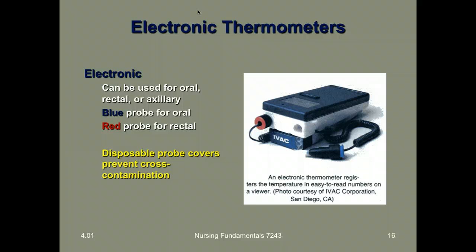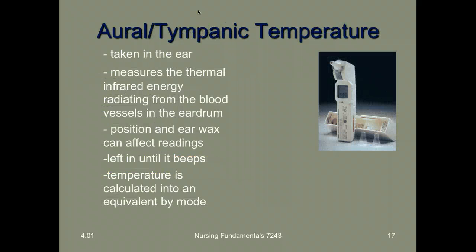This is a picture of an electronic thermometer, and it can be used for oral, rectal, or axillary. Axillary means in the armpit. Axilla is armpit. The blue probe is used for oral temperature, and the red probe is used for rectal. We use disposable probe covers to prevent cross-contamination between patients.